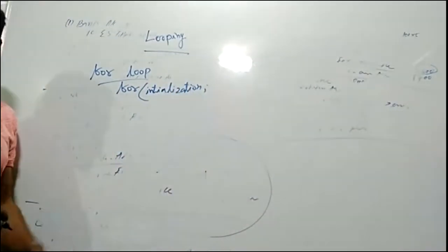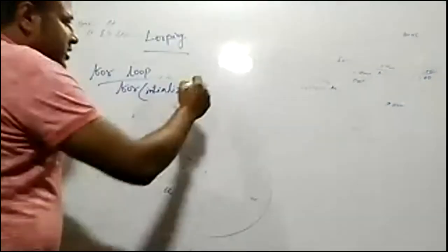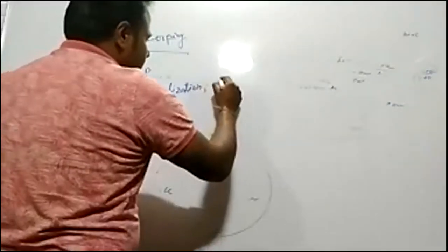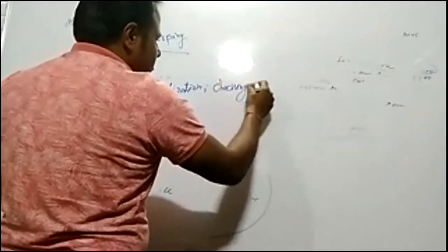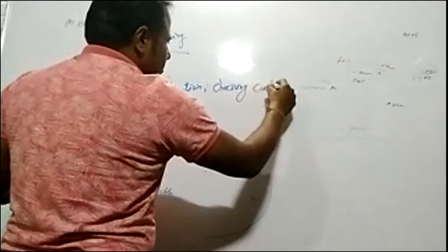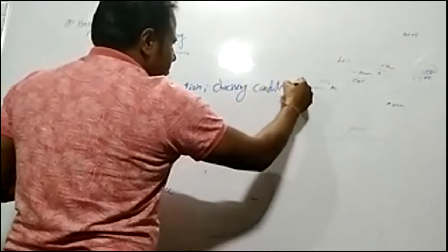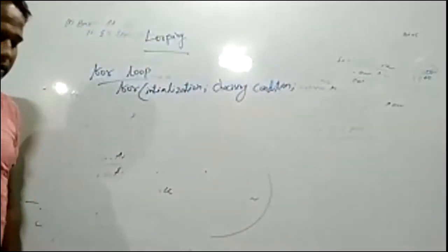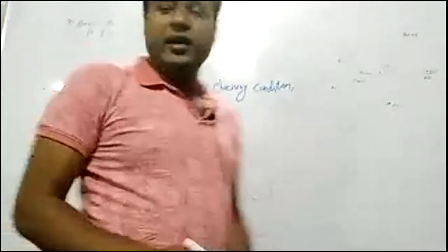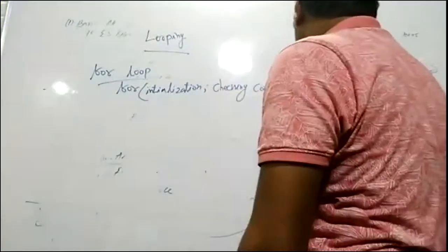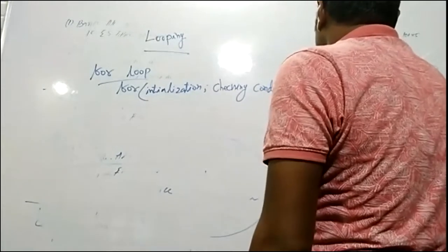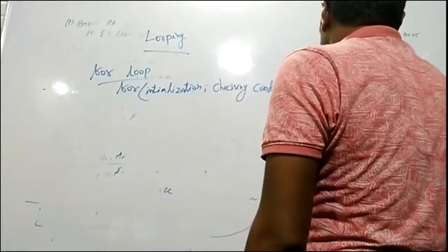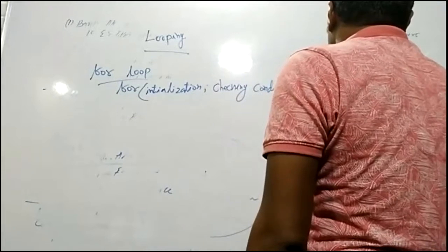Okay, first part is initialization, then checking condition, then we have increment or decrement. So it contains increment or decrement.